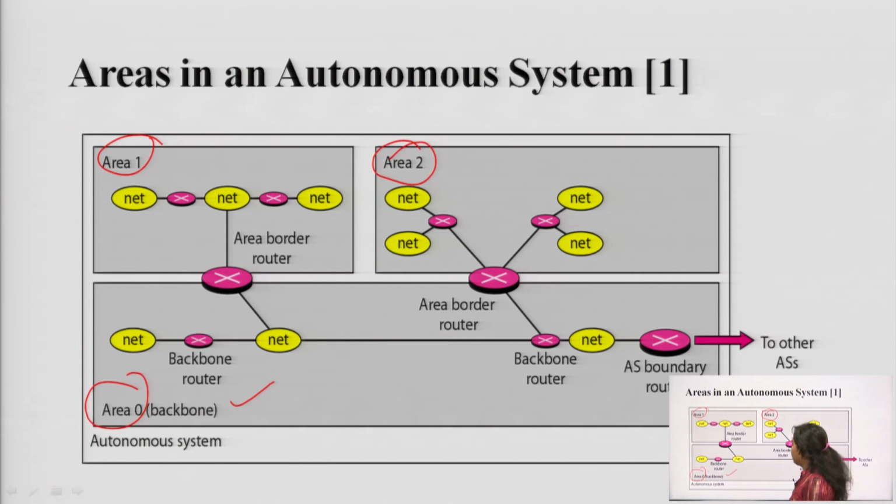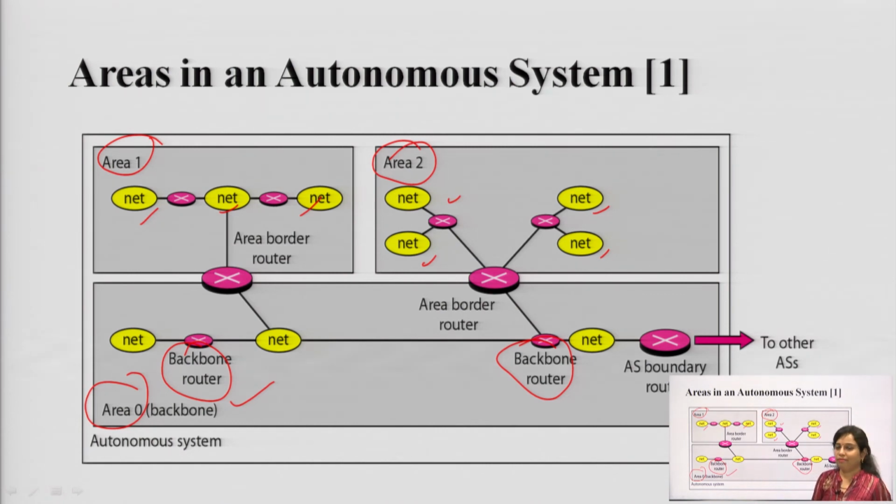In this particular area there are 3 different networks which are connected through this router. This area has 4 different networks which are again connected through this router. This is the backbone area, and this is the backbone router, and it is going to follow the bus topology somehow.